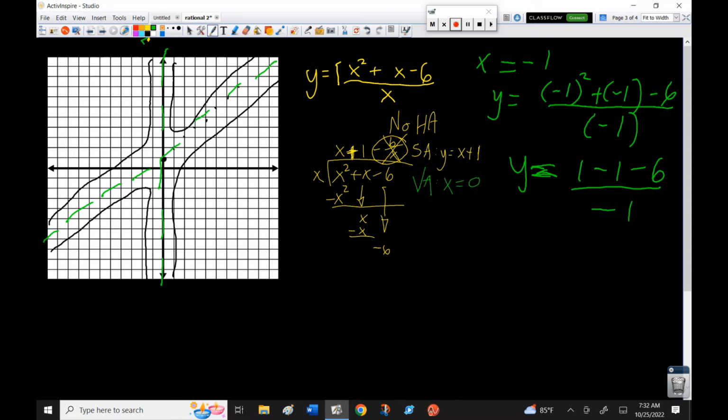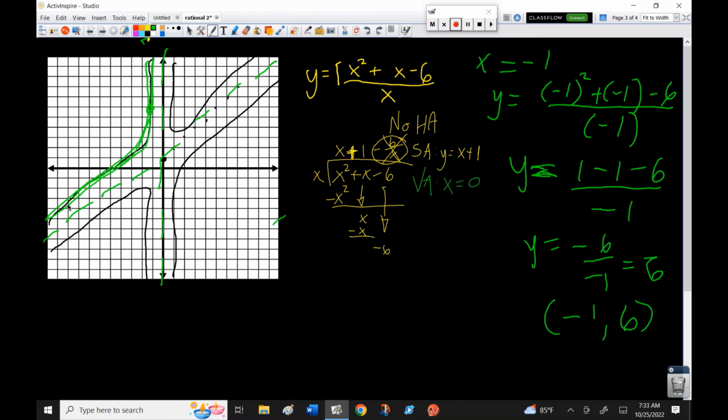This is just going to be -6 over -1, which is positive 6. So one of the points you should plot would be (-1, 6), and that is going to be way up here like there. So that means this is our first piece of our graph.